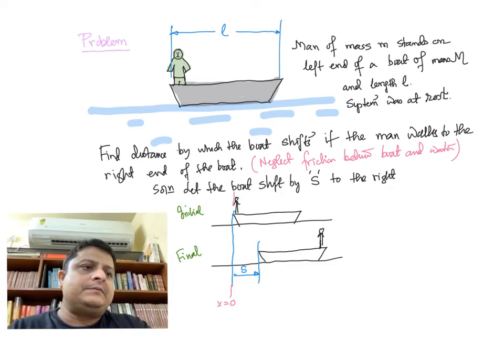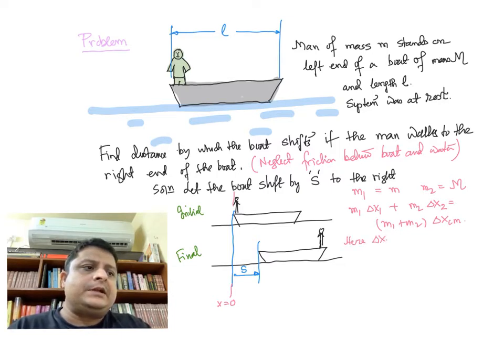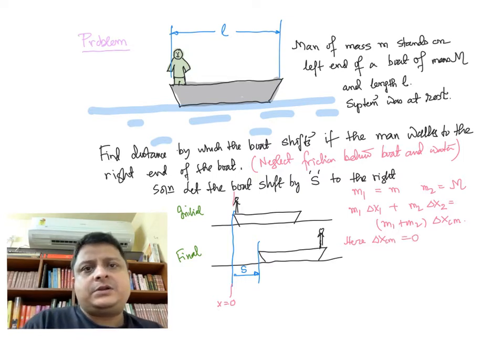So let m1 is equal to m and m2 is equal to capital M. Now we will use this formula, m1 delta x1 plus m2 delta x2 will be equal to m1 plus m2 into delta xcm. Here what will be delta xcm? Here delta xcm will be equal to 0, because the center of mass does not shift.